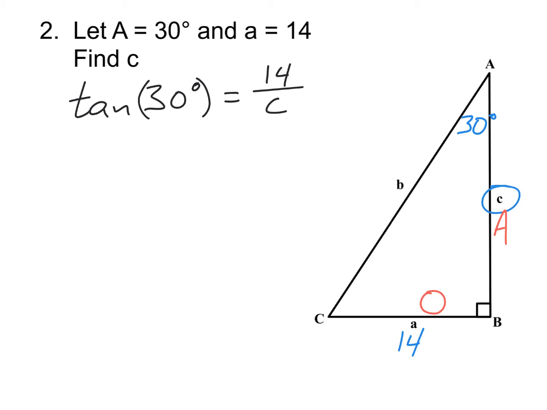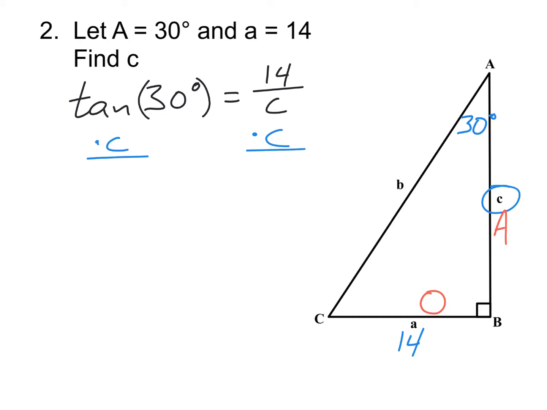In order to do that then, I'm going to multiply both sides by C. So notice in the last problem, my first step, I multiplied by the denominator. This one, first step, I multiplied by the denominator. Basically always your first step if your unknown is over here in the fraction, regardless of whether it's top or bottom. Multiply by the denominator.